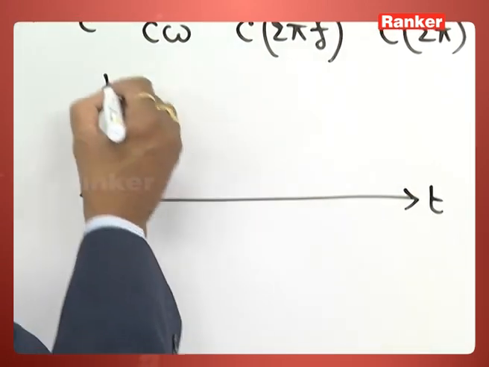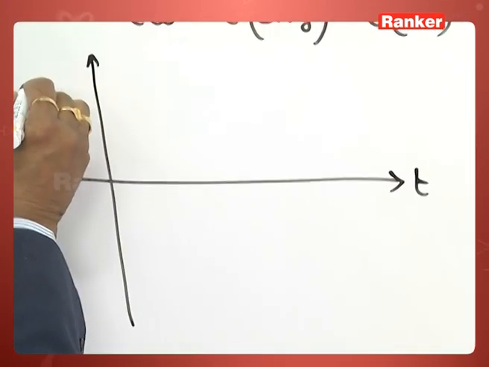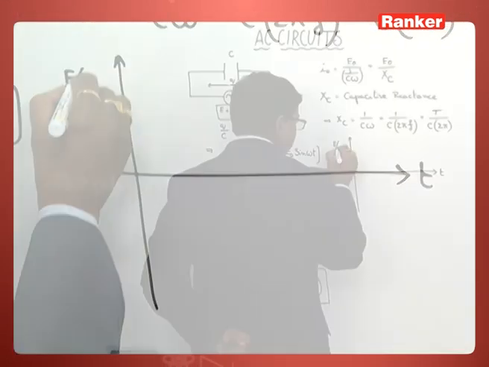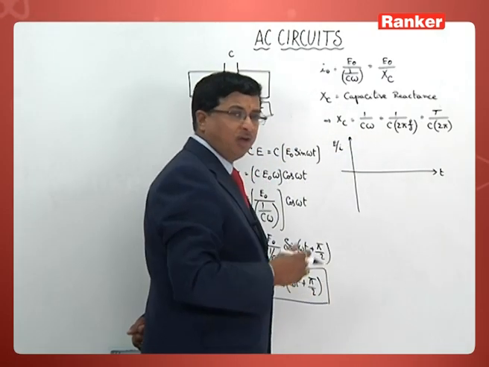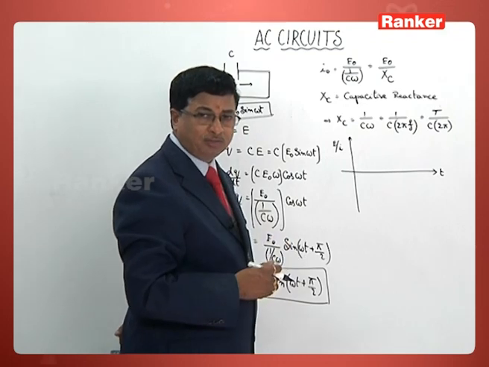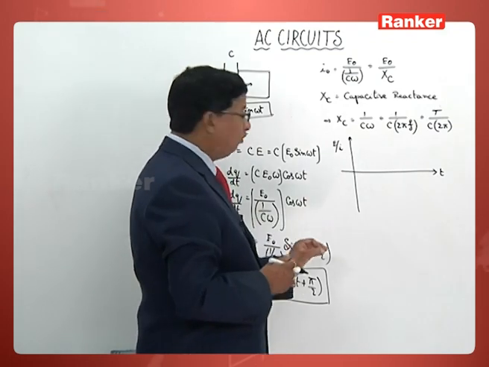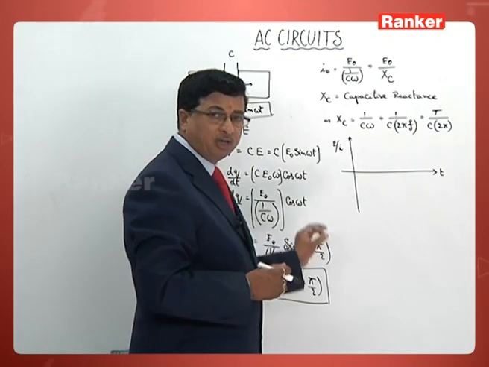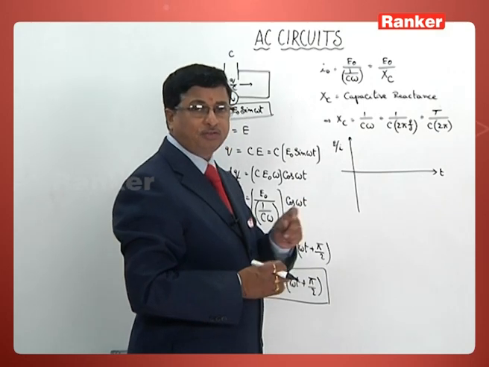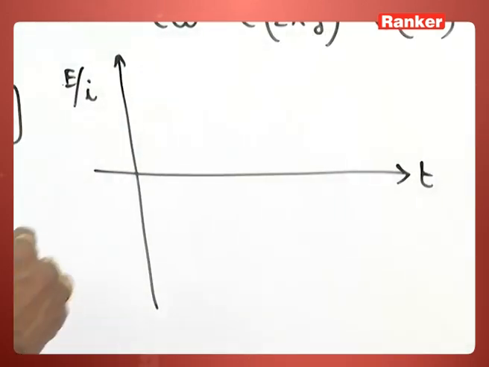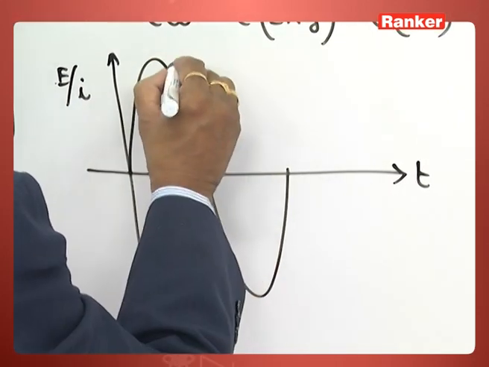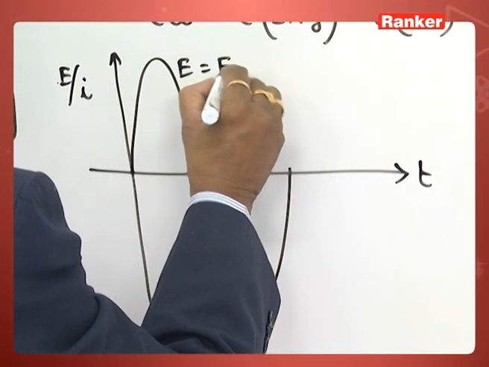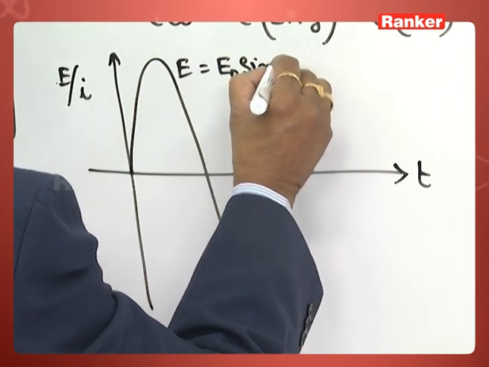When I take time here and the value of either E or current, either EMF you take on y-axis or current you consider on y-axis, just plot a graph for the EMF and for the current as well across the system.